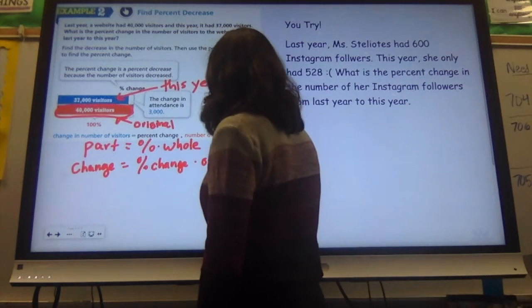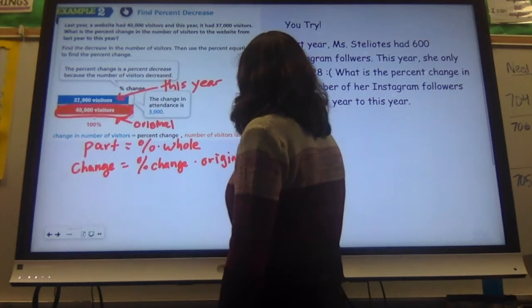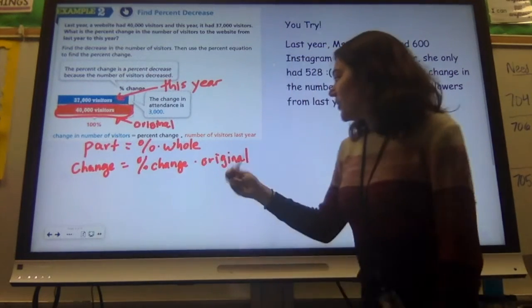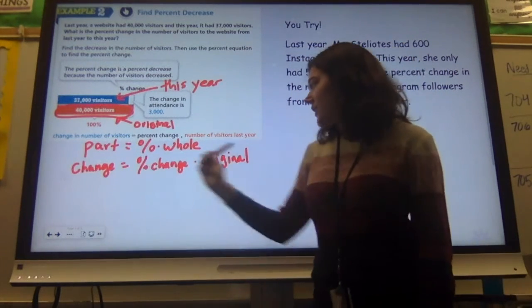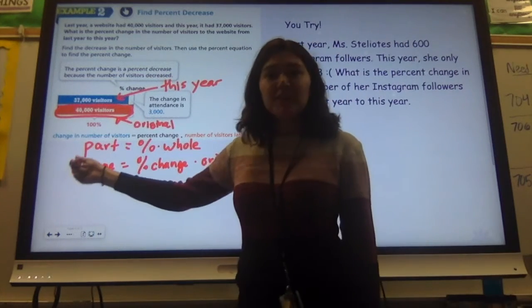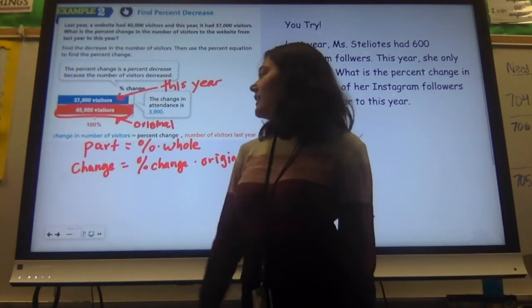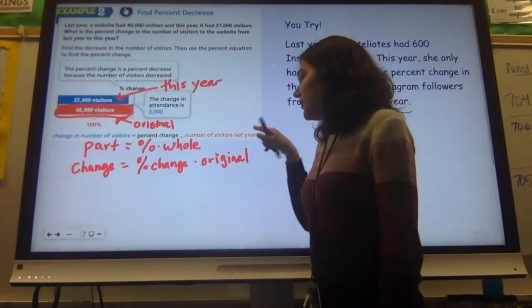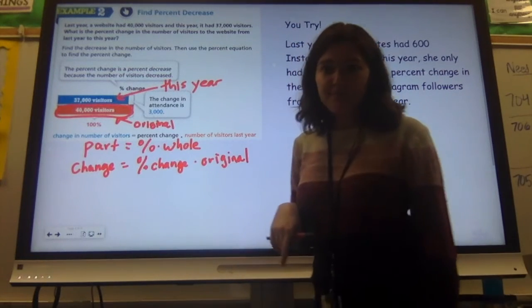And then our whole is going to be like the original, what we start with. So change is in the number of people. So this means our change is the change in the number of visitors. That's going to be equal to the percent change we have times the original number of visitors.